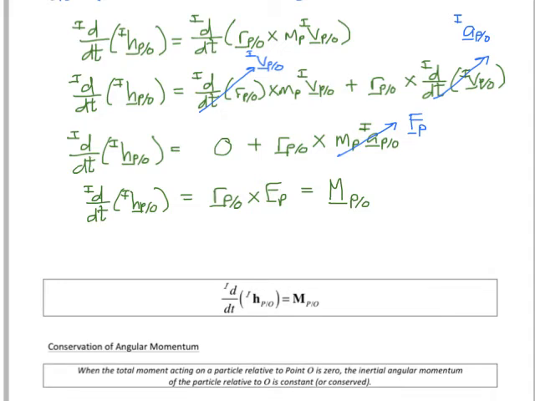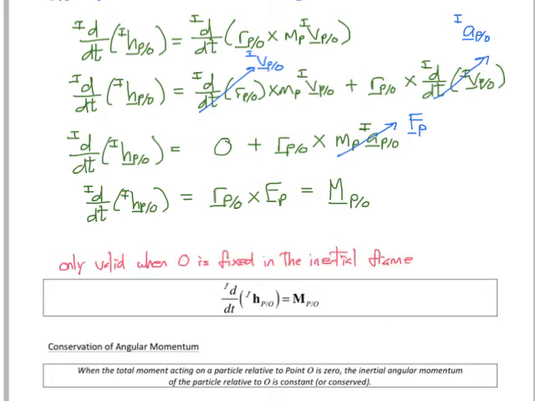Let's take a closer look at this expression. What we have is the time derivative as observed in the inertial reference frame of the angular momentum of P with respect to point O as observed in the inertial reference frame, where O is an inertially fixed point. This is equal to the moment of all the forces on P about point O. This expression is only good when the point that all this is being taken with respect to is fixed in the inertial reference frame.